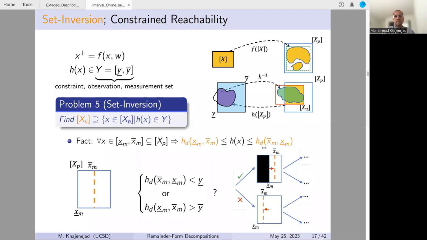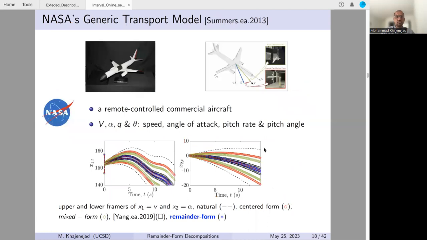And combining this with that propagation step, now we can do constrained reachability for a lot of classes of nonlinear systems. And now we're able to apply these embedding systems and decomposition functions to do constrained reachability, for example, in this NASA generic transport model, which is a quite complicated system.